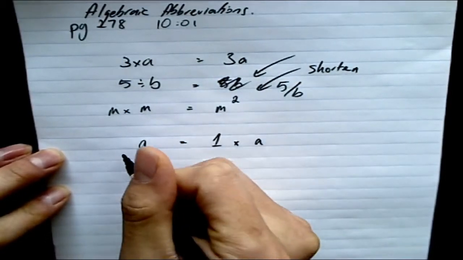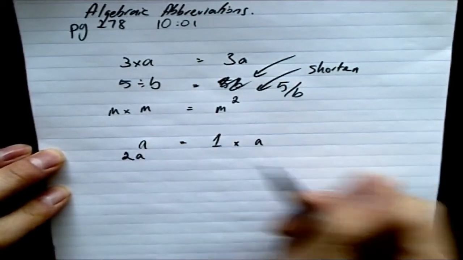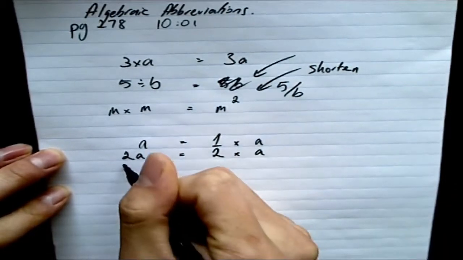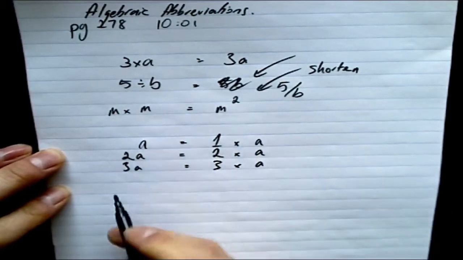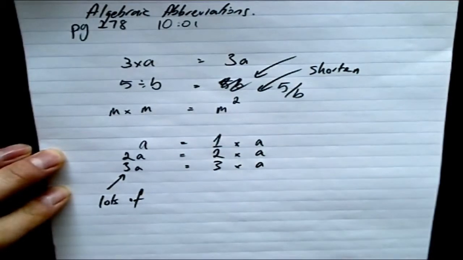But when I think about two lots of A's, what I'll do is write down 2A, and that means 2 times A. And if I do 3A, it means 3 times A, because it's saying 3 lots of.